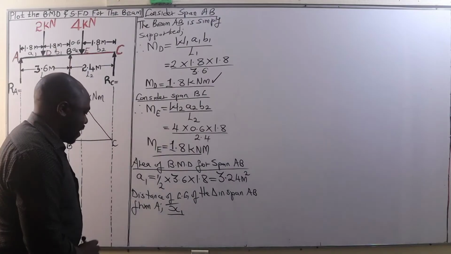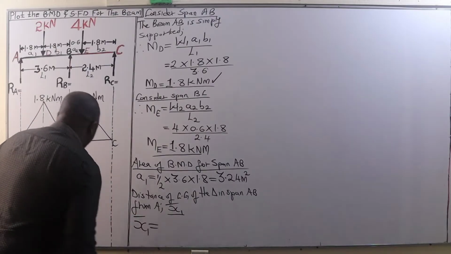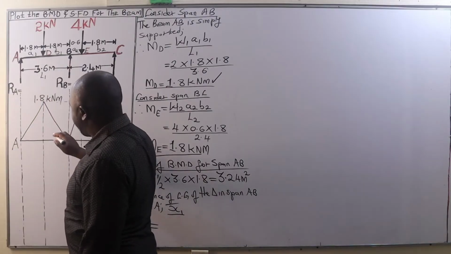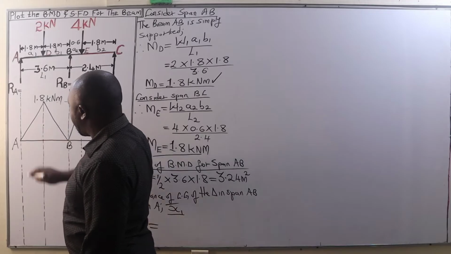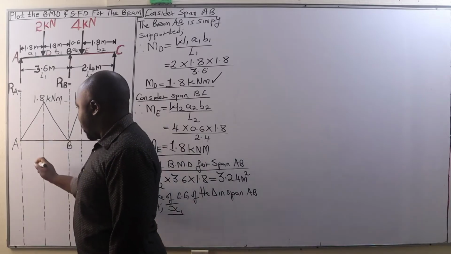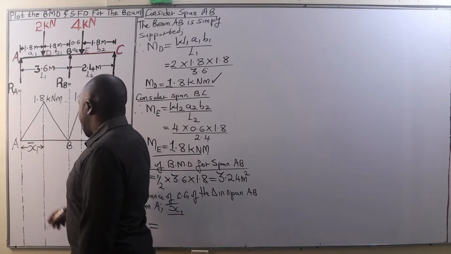Bar x1 is the distance from the center of gravity of this triangular section all the way to A. That's what we are going to determine next.